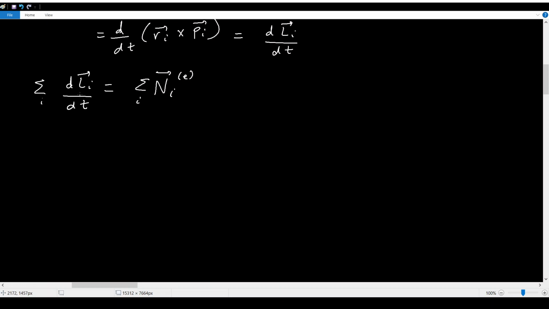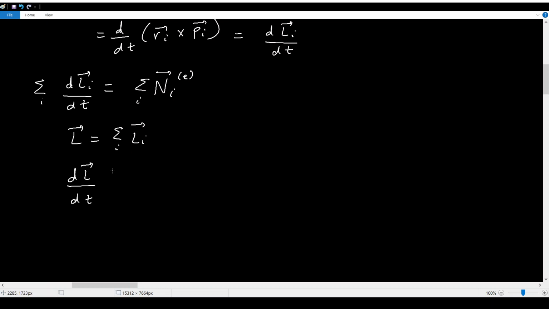Right. So the summation can go inside the time derivative, and we get the sum over all the particles' angular momenta. And let us define that as capital L. So this is the total angular momentum of the system. So we're defining the total angular momentum of the system like this.